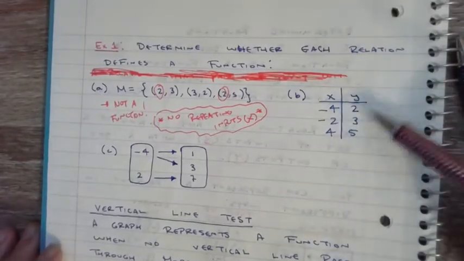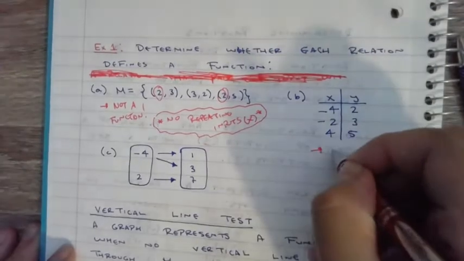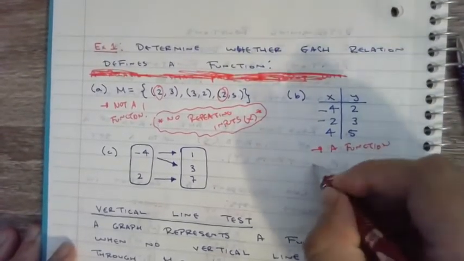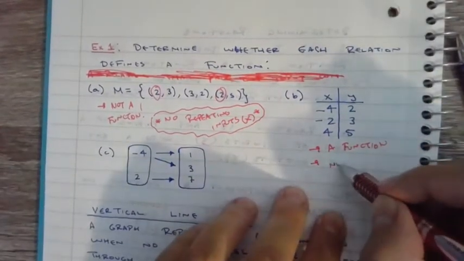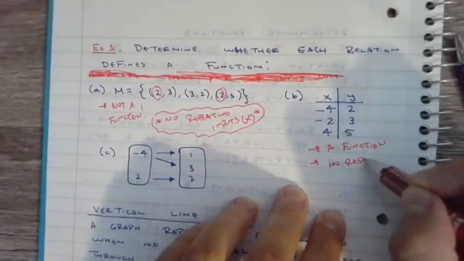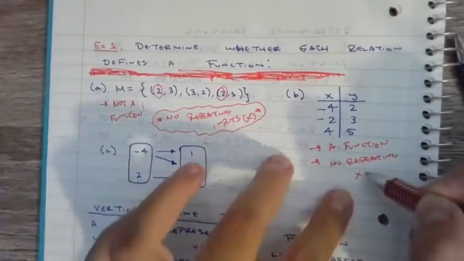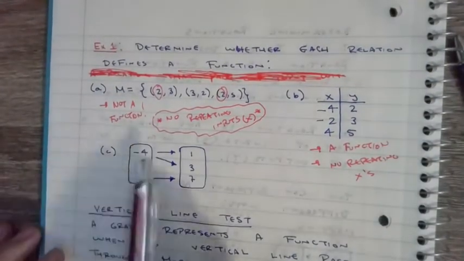So does that mean that we have repeating inputs? Absolutely not. So therefore, this is a function. Why? Because it has no repeating x's.